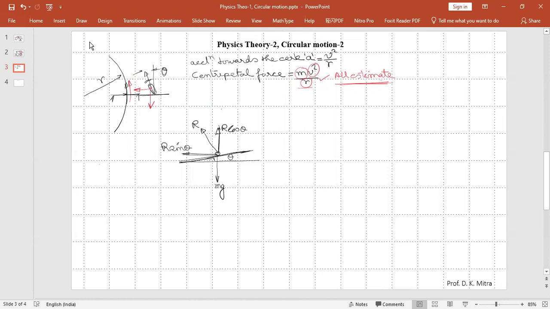This R sin theta will provide you the inward centripetal force. This arrangement is called banking of the road. Banking of the road. And R sin theta provides the centripetal force.